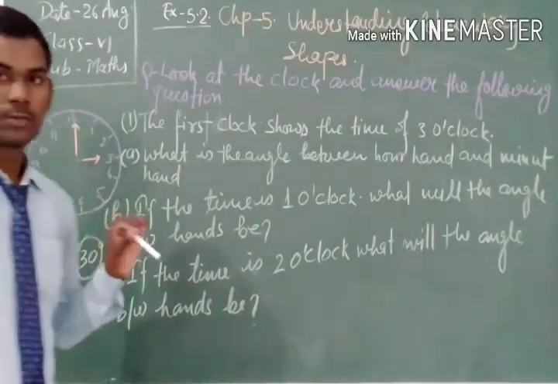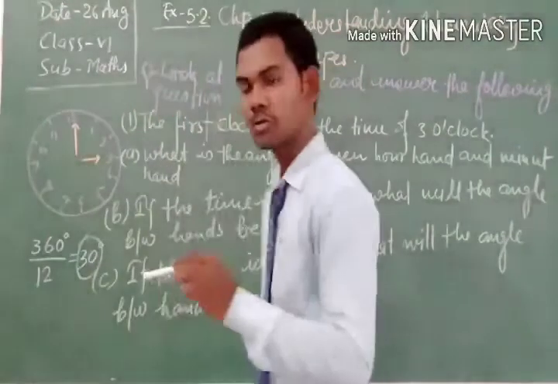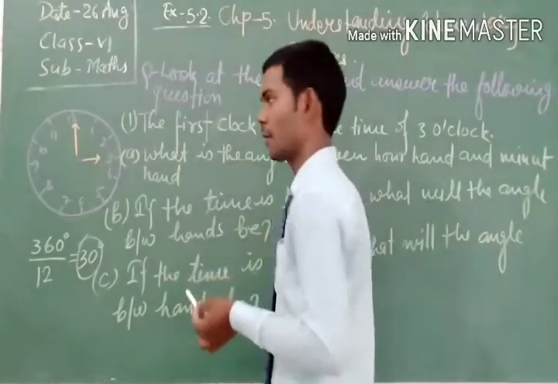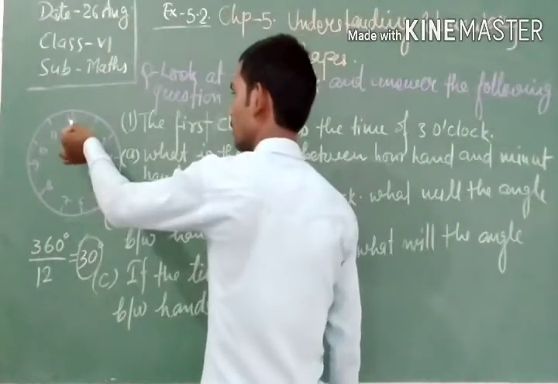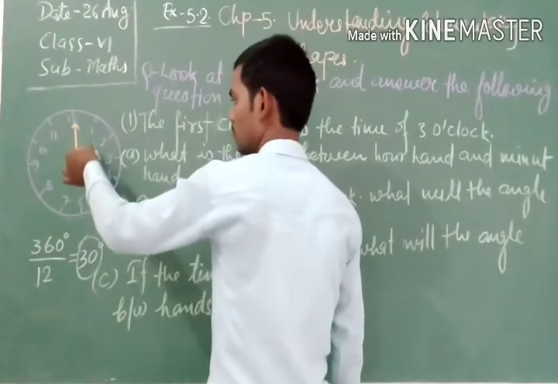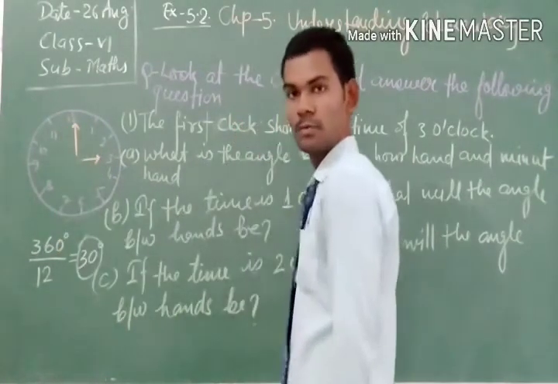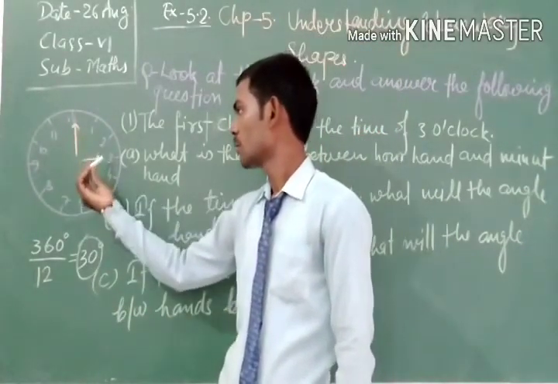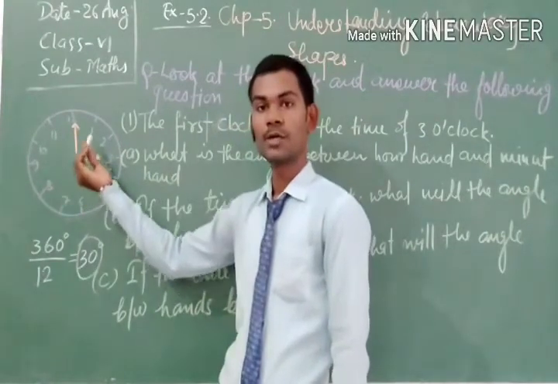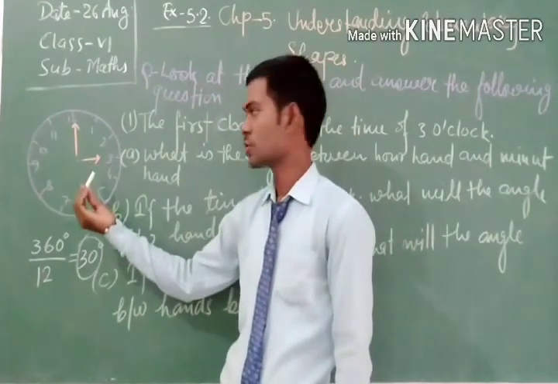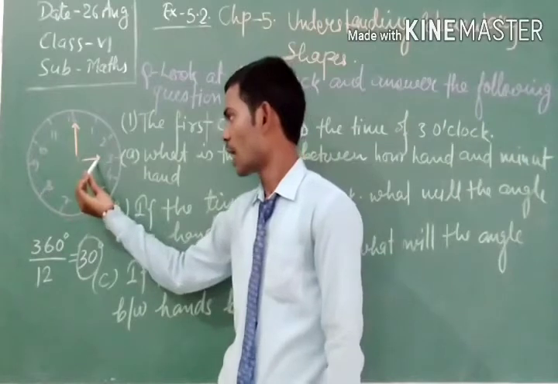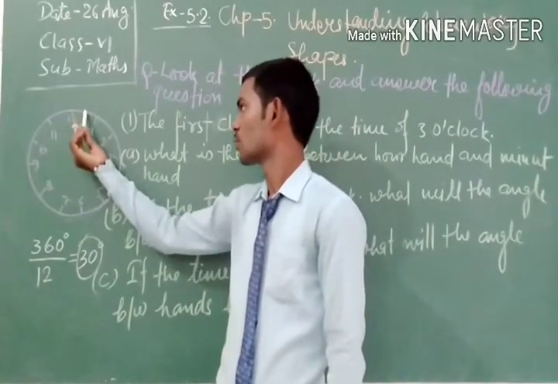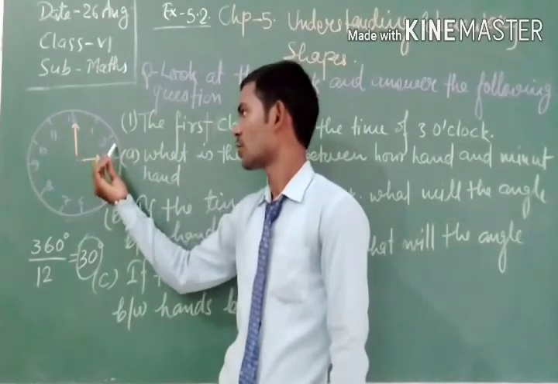Just see in the clock that the hour hand moved from 12 to 3, and during this movement, the hour hand crossed three parts: one part, second part, and third part.